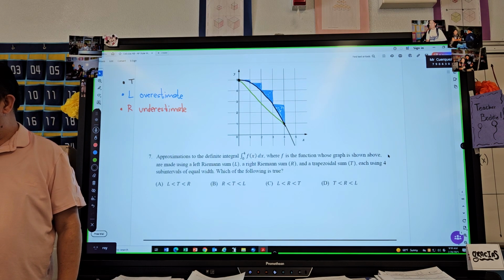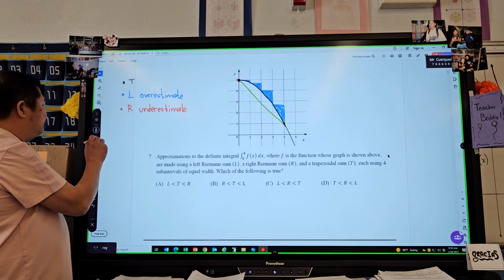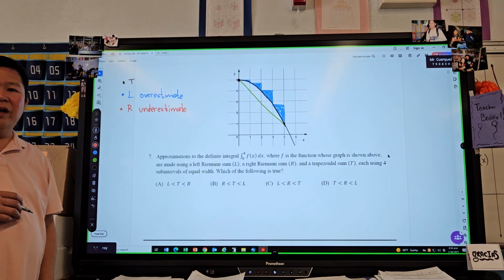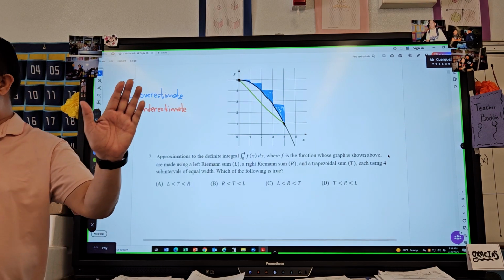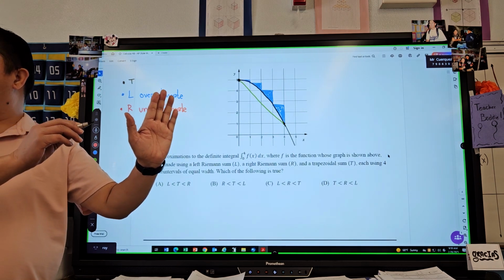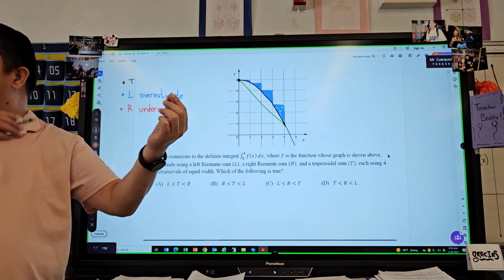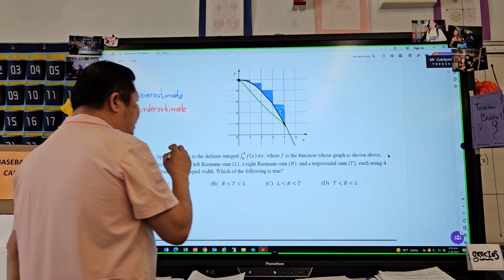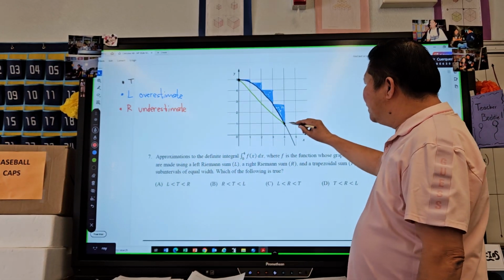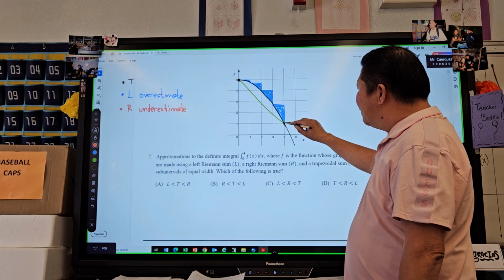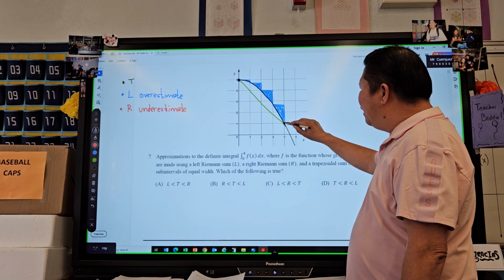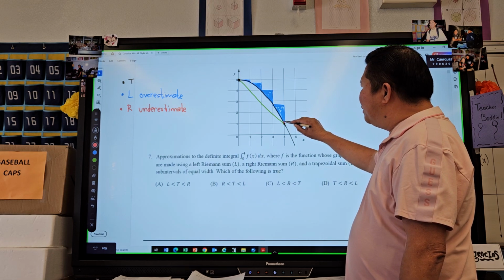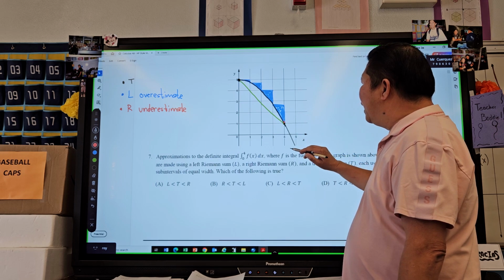Did you get me? Now, let's have the right Riemann sum. Where does the right Riemann sum start? Starts from right going to the left. Okay, right. So this is the rightmost. This is the rightmost. Okay, and then it's going to be going to the left.